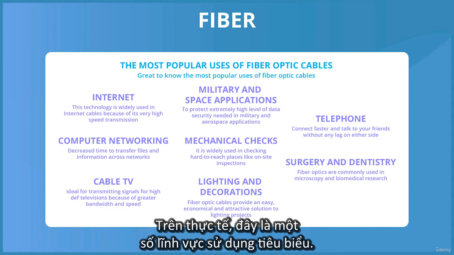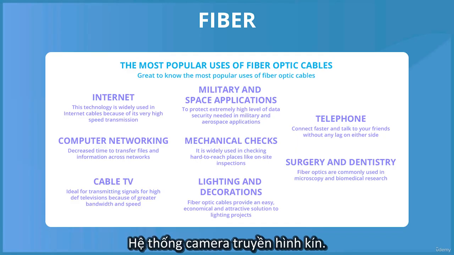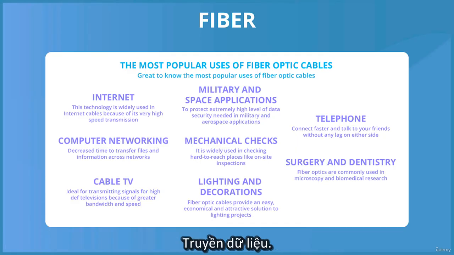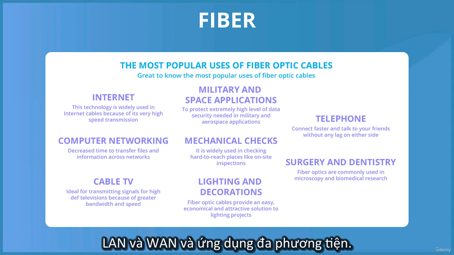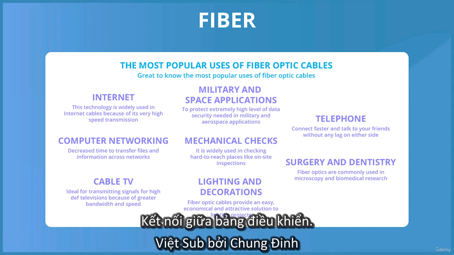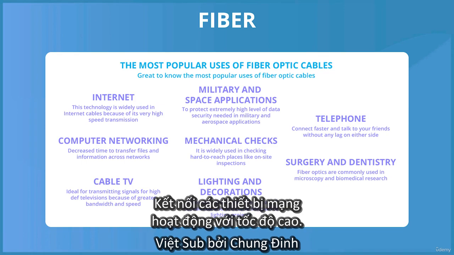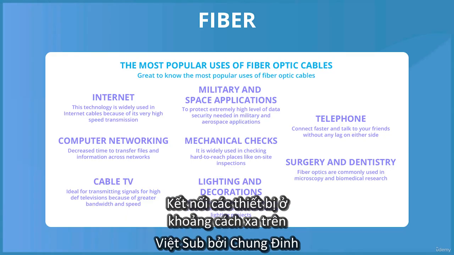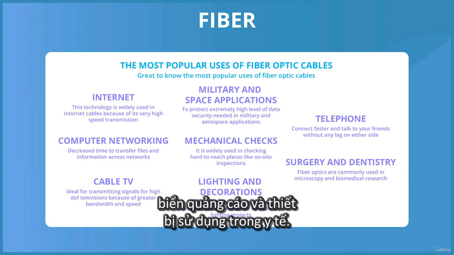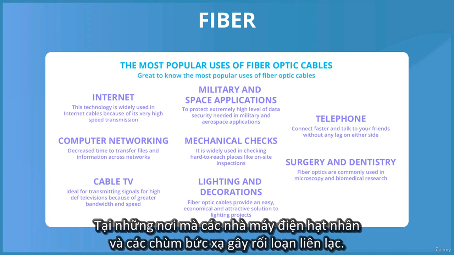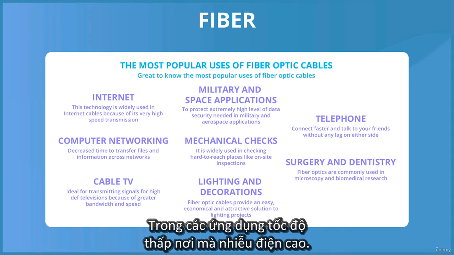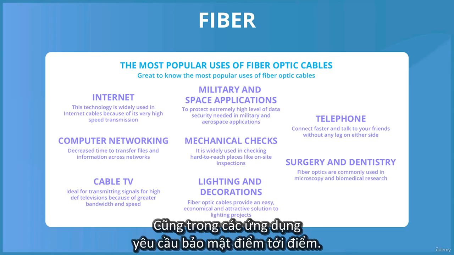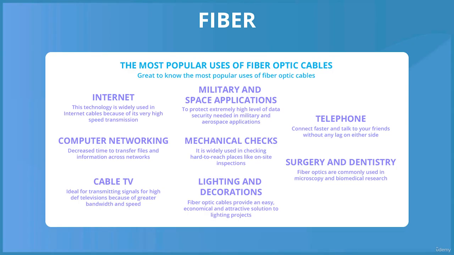In fact, here's some sample usage areas: closed-circuit television systems, data transmission, LAN and WAN and multimedia applications, connections between switchboards, connecting active network devices at high speeds, connecting devices at long distances, on billboards, in devices used in medicine, in places where nuclear power plants and radioactive beams disrupt communication, in low-speed applications where electrical noise is high, also in applications that require point-to-point security.